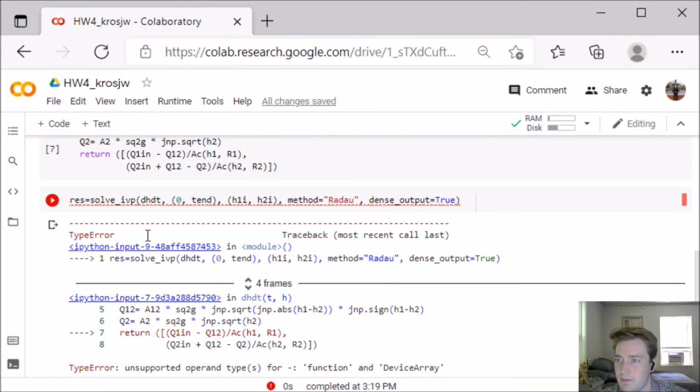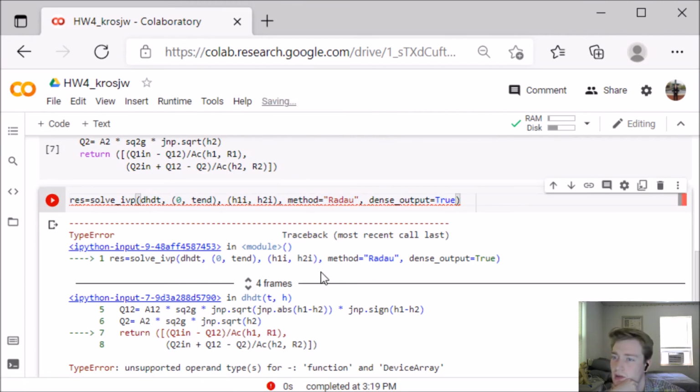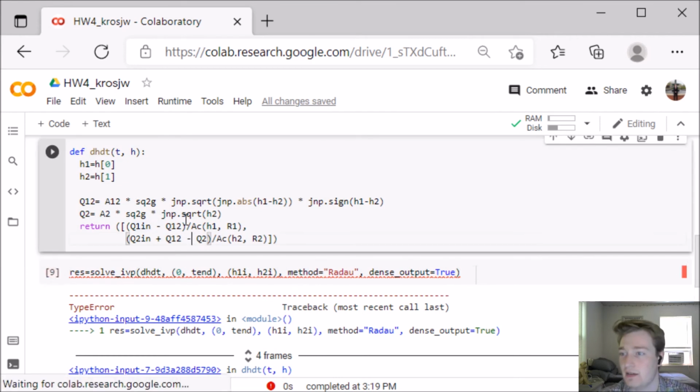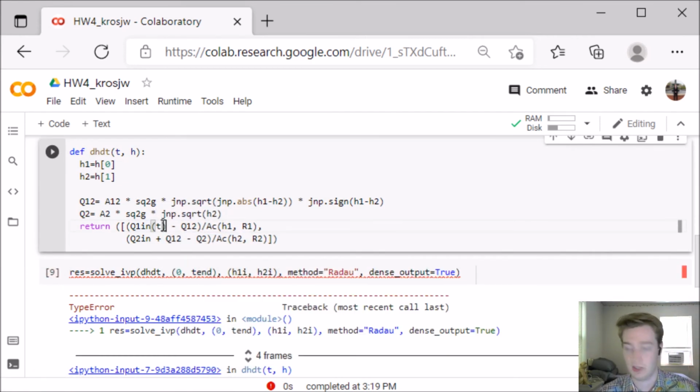Let's see. dHdt. Q1, Q2 divided by AC1, AC2, Q1, R1. You know what? I found it. Found our option. So these are a function of time, just like that.